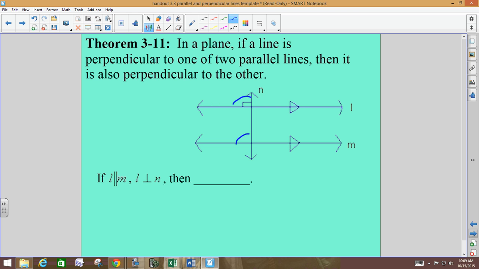Since the lines are parallel, corresponding angles have to be what? Wouldn't that make this a 90-degree angle? And if two lines intersect to make a 90-degree angle, we say the lines are what? Perpendicular. If L is parallel to M and L is perpendicular to N, then that means M is perpendicular to N. If a line, N, is perpendicular to one of two parallel lines, so it's perpendicular to L, then this line has to be perpendicular to the other parallel line. And that's based off of the corresponding angles postulate.